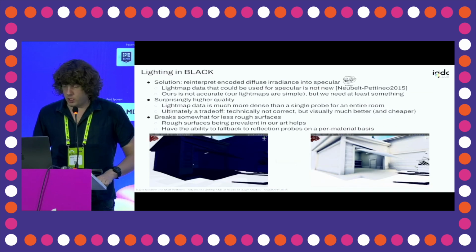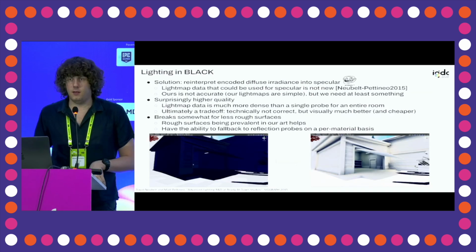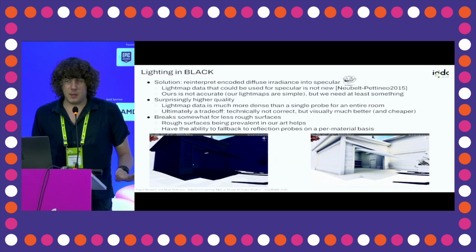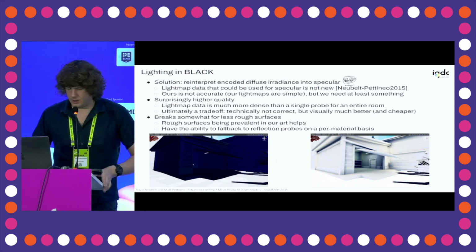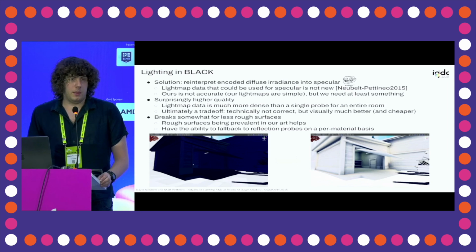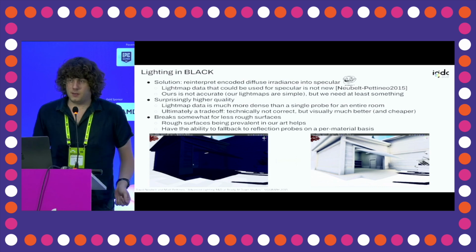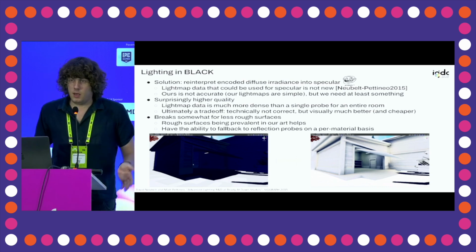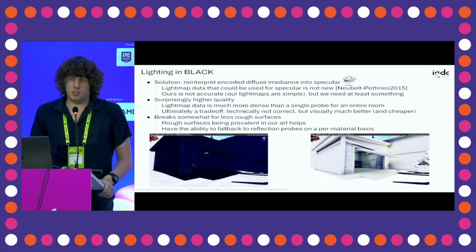So what we do, we just reinterpret diffuse light map data as specular. That's a very wrong thing to do at first sight, but this actually gives us much better quality, because the light map data is much more dense and it exists on a per pixel level, and that gives us per pixel application and much better transitions and better lighting consistency.